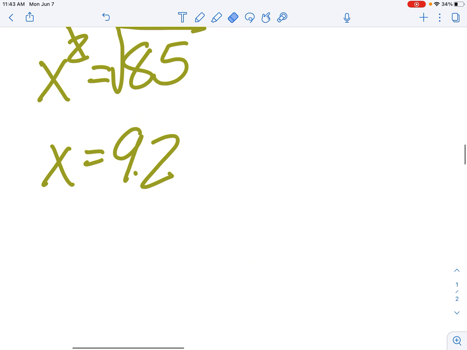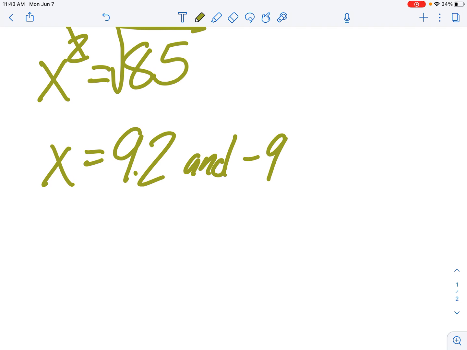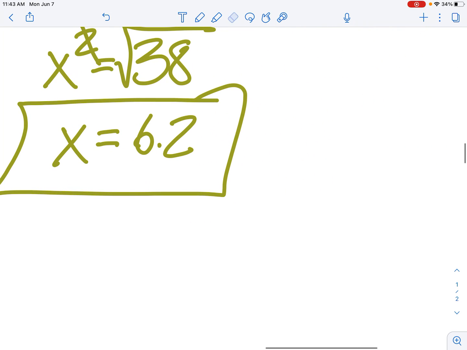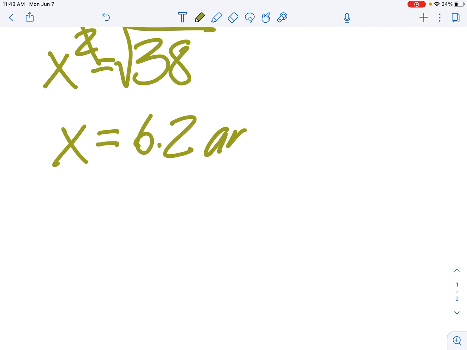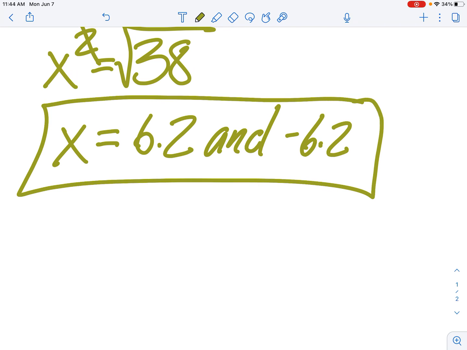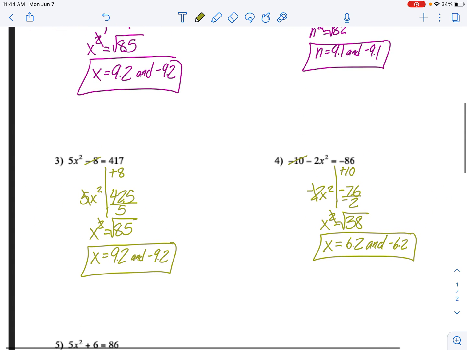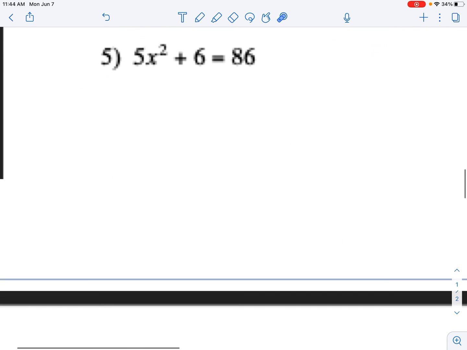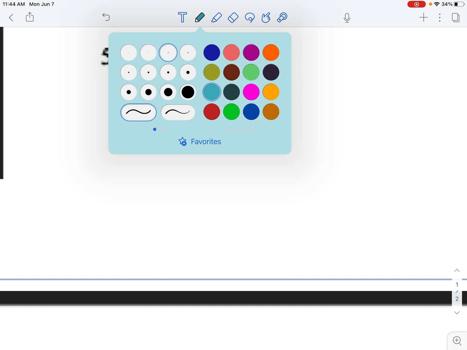So this is 9.2 and negative 9.2. So it's 6.2 and negative 6.2, because we're finding the square root. Two solutions. These are quadratics. All of these have a power of 2, which means that each has two solutions.